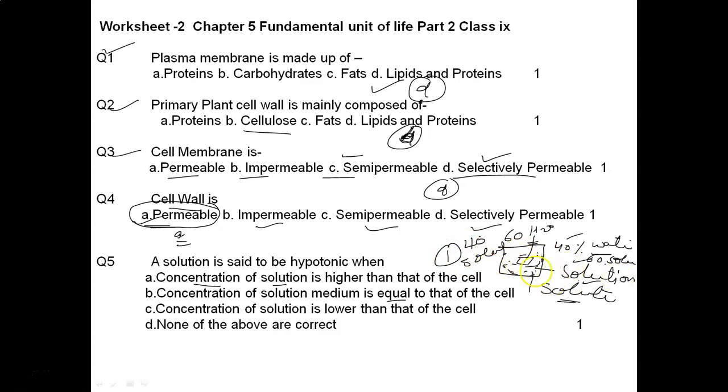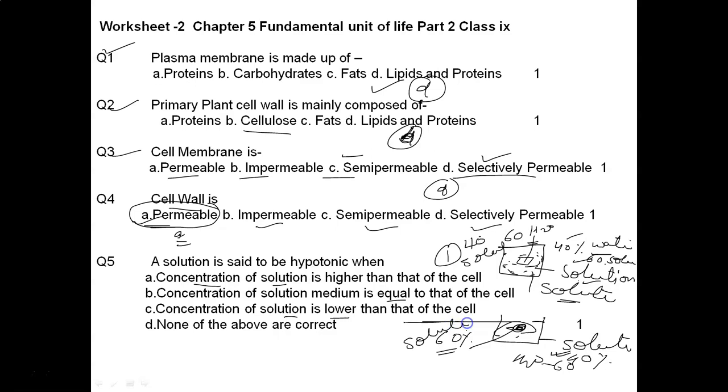But here it is the same, 60% water and 40% solute on both sides, equal. Concentration of solution is lower than that of the cell. What does it mean? Now the concentration of the solution, here the solute is 40% and water is 60%, the condition will be reversed, right? More water outside, and inside the cell, solute is 60%.